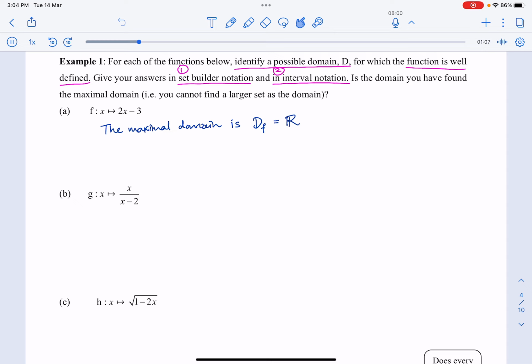This is in set builder notation. If you want to express it in interval notation, it will be in this form: from negative infinity to infinity.